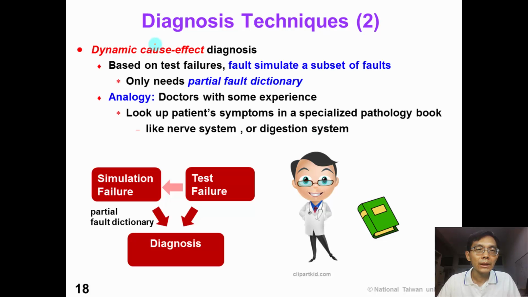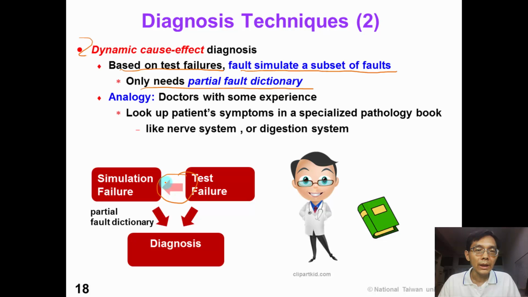The second technique is called dynamic cause-effect diagnosis. This diagnosis is smarter. Based on the test failures, this diagnosis will simulate only a subset of faults, and we only need a partial fault dictionary. The concept of dynamic cause-effect diagnosis is shown in this figure.